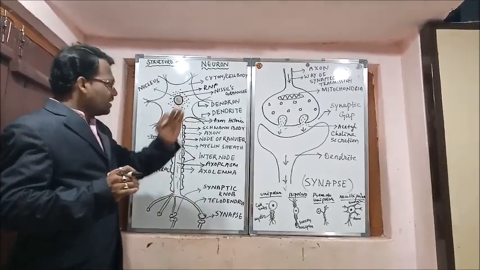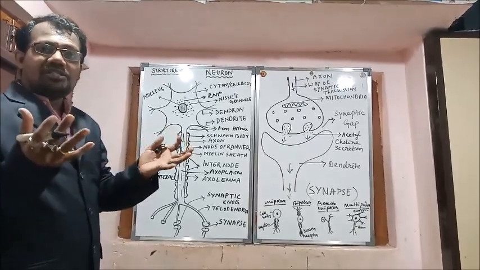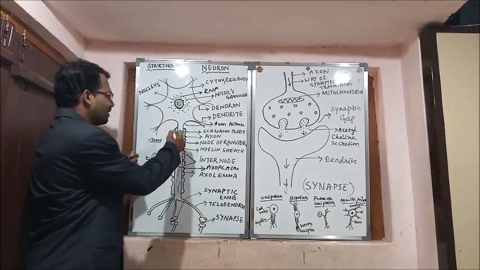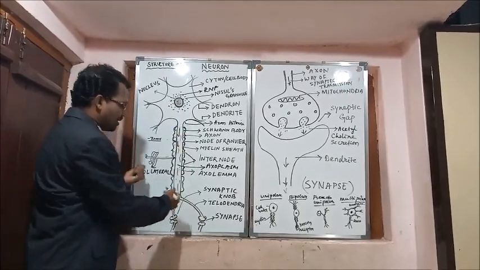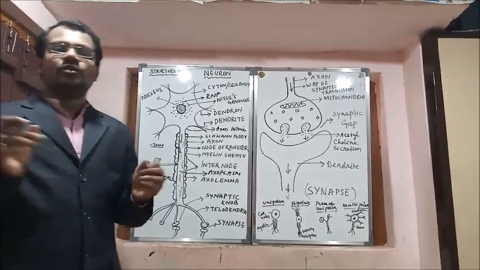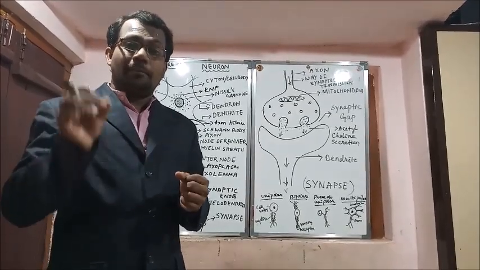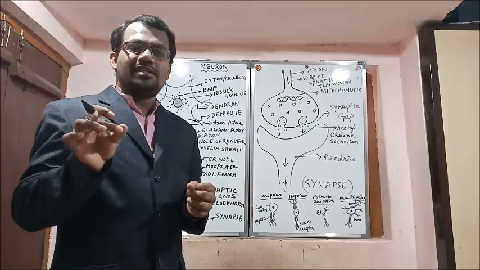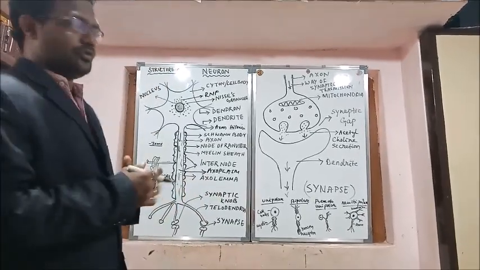So one thing is there, how the impulses are transmitted. When the impulse is generated here, it will transmit from here to here by two different theories. One is Bernstein's membrane theory and the second one is the saltatory conduction theory.